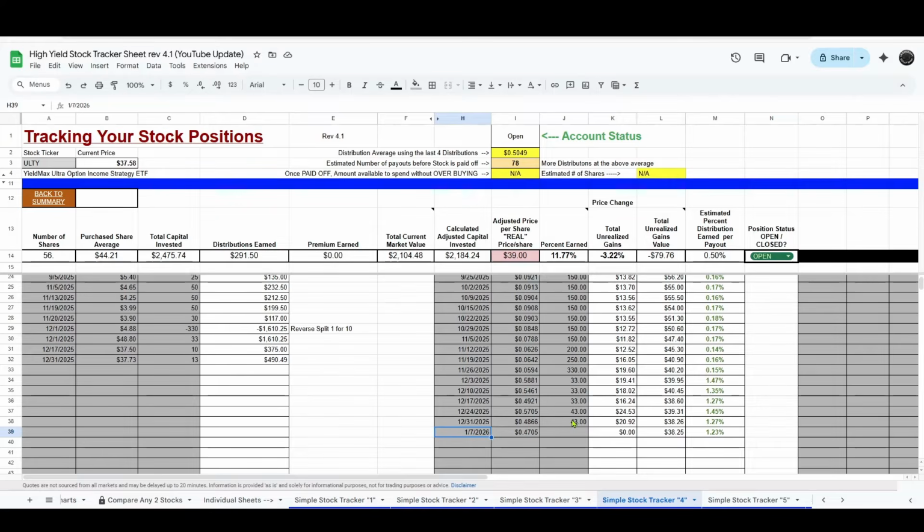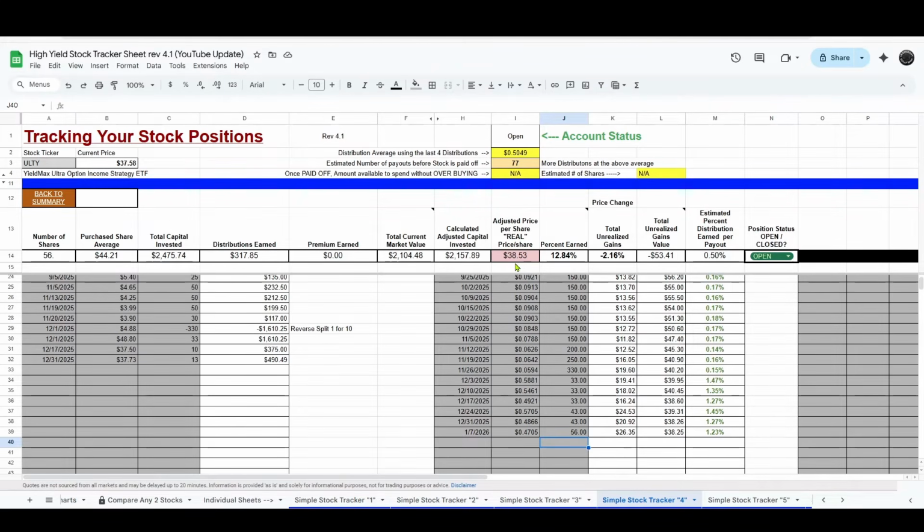But I can count all those shares now for this new distribution, because January 7th being the X date and all of my purchases are before that date, I can account for all 56 shares. So for this one, that 47 cents, I get to enter in 56 shares. Therefore my real price per share of $39 even now becomes $38.53.